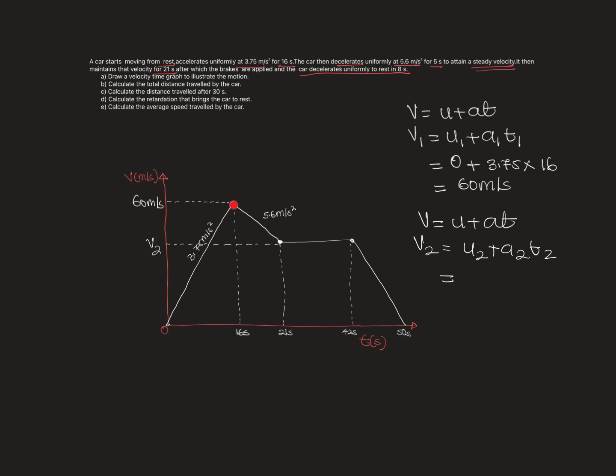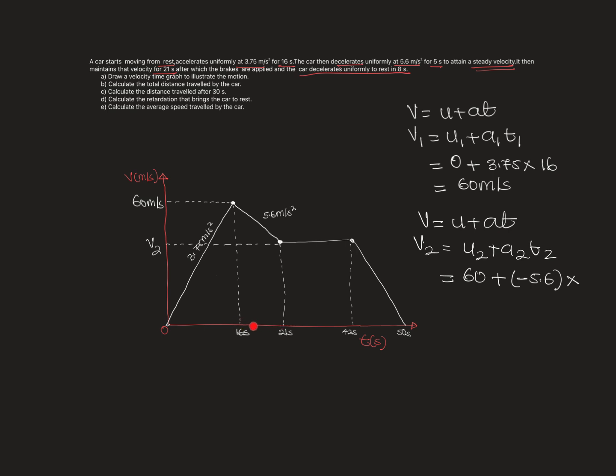It will be from here, so it means it's 60 meters per second, and this is the final velocity. It starts decelerating from this point, so the initial velocity has to be 60 meters per second. 60 plus, but because it is decelerating, the speed will reduce, and deceleration is a negative acceleration, so we have to say minus 5.6, then multiply by the time.